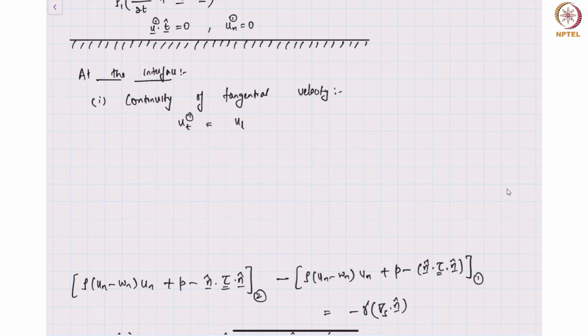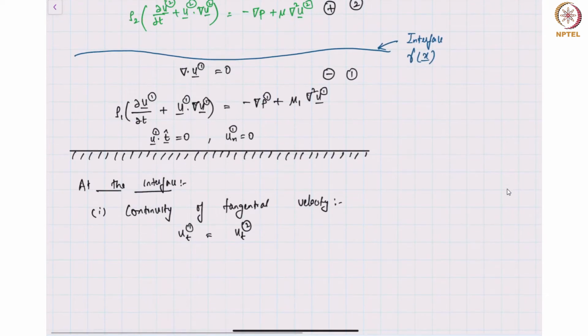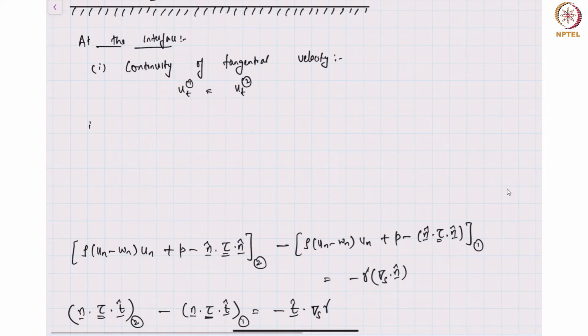So that will be ut of 1 is ut of 2. Now there could be two components of this velocity, if it is a three-dimensional flow. Otherwise, in two-dimensional flow, it's just the tangent that you see along the interface. And we also have the normal velocity is related. The normal velocity on both sides is also related.